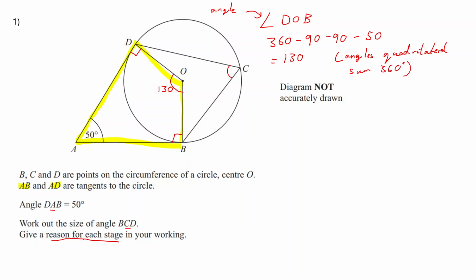And also state a reason at each stage. Well, we should probably also say here that a tangent and a radius meet at a 90-degree angle.